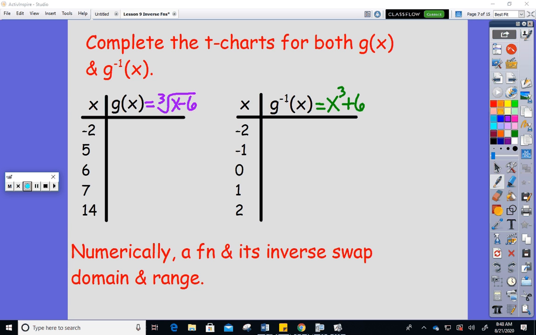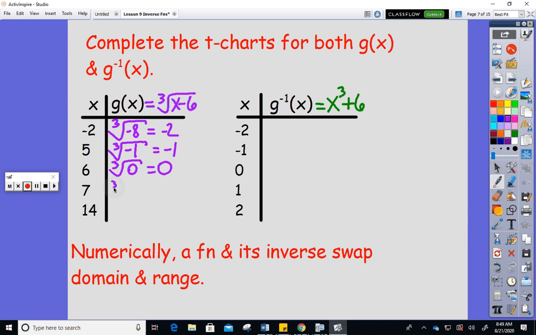So when I plug in negative 2, this causes me to take the cube root of negative 8, and that is negative 2. When I plug in 5, this causes me to take the cube root of negative 1, which is equal to negative 1. When I plug in 6, I'll be taking the cube root of 0, which is 0.